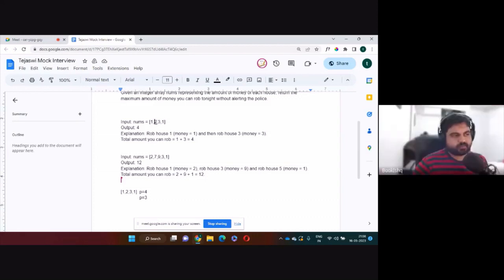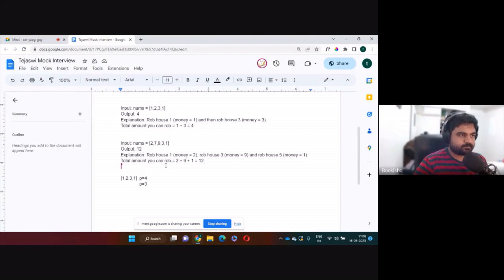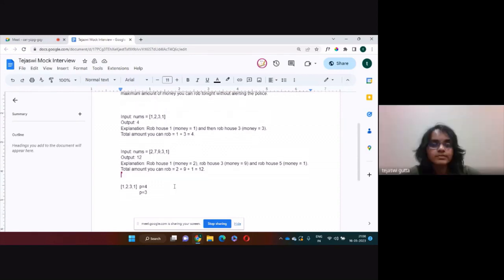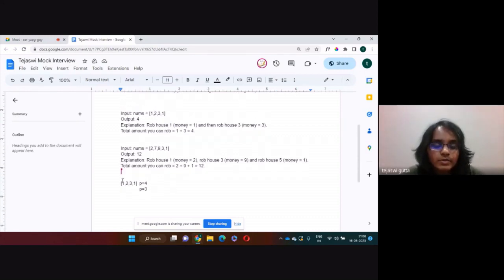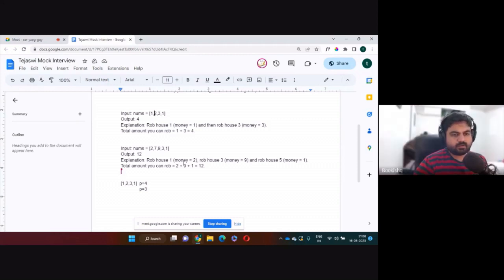Okay. Can you run that on any one of the examples? Um, okay, so you want me to write the code first? Not just, I just want to understand the logic. Can you try to see how your logic would work for the second problem?